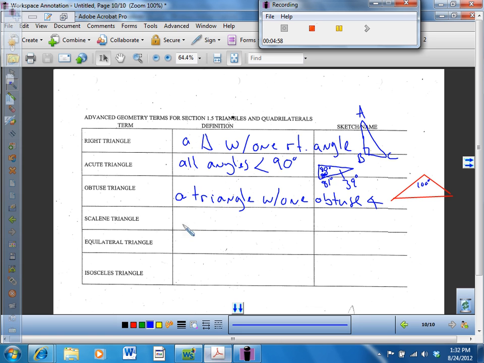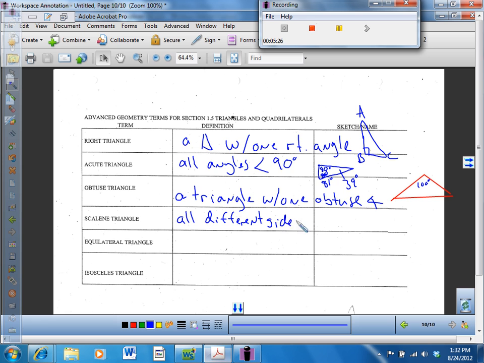Who can tell me what a scalene triangle is? Scalene. Yes, Ellie: Triangle where three sides are the same. Very good. All sides are different, okay? So scalene is all different sides. I'm not going to write out the full definition.